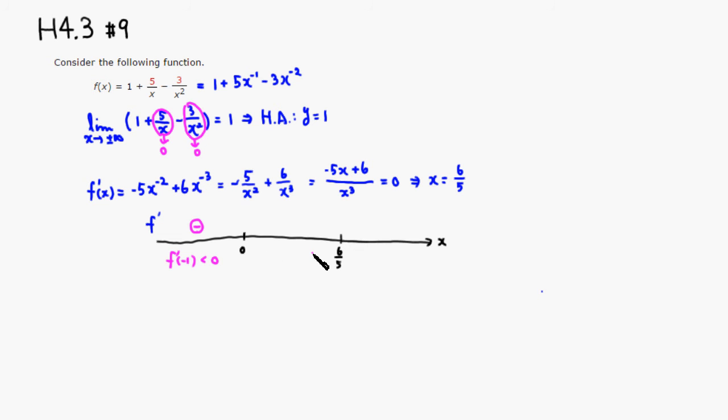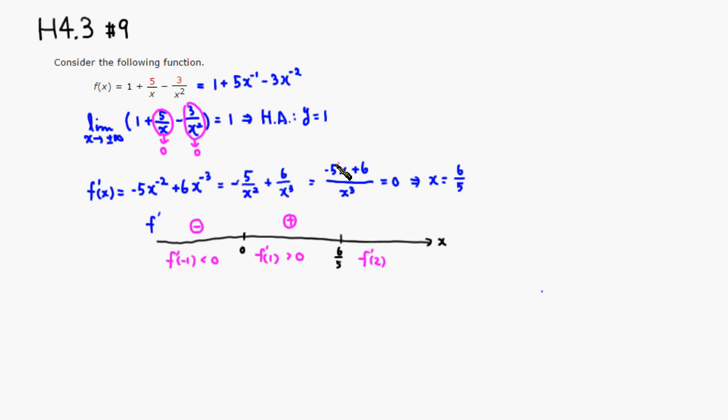Anything between 0 and 6 over 5, I'll try positive 1. You can see negative 5 plus 6, so it's positive over positive, so it's going to be positive there. If you try anything bigger than 6 over 5, I'll try 2.